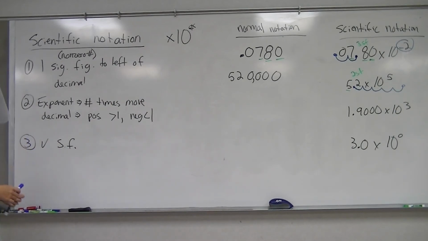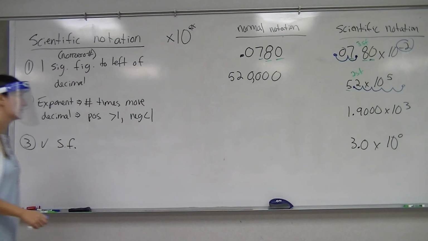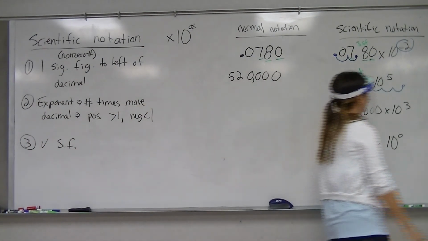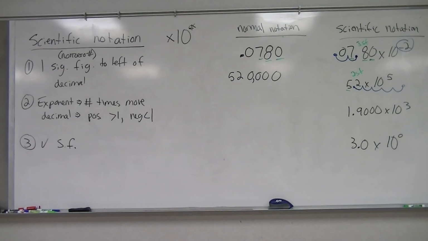All right. 3 minutes left, but we only have 2 problems, so we're going to push through. Especially since this one's a tricky one. All right, so let's count sig figs quickly. How many? 5. All of them matter because of that decimal point. So I'm going to move this decimal point how many times? 3. We're looking at the exponent. It's a positive 3, so I'm going to move it to the right to make the number bigger.